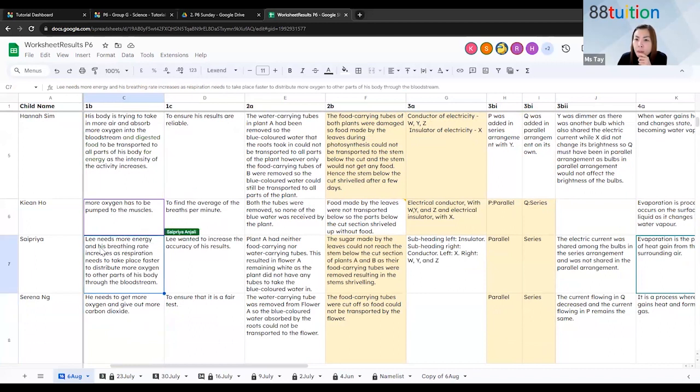Okay, Priya: needs more energy, his breathing rate increases, because he requires more oxygen, right? Respiration takes place faster. I have a little concern, Priya. You wrote that he needs more energy as his breathing rate increases, as respiration needs to take place faster to distribute.